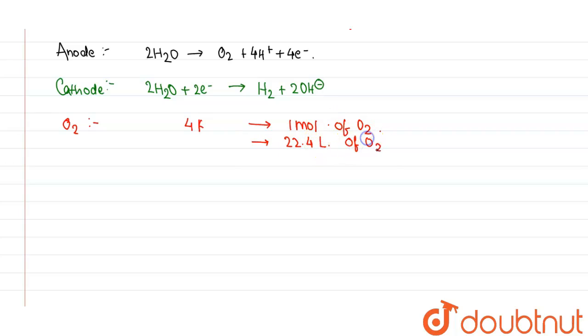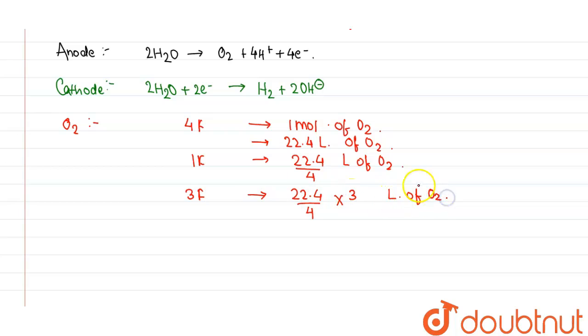So with 1 Faraday, 22.4 by 4 liters of oxygen will be produced. In the question it was given 3 moles or 3 Faradays, so it will be 22.4 by 4 into 3 liters of oxygen. The answer to this will be 16.8 liters of oxygen.